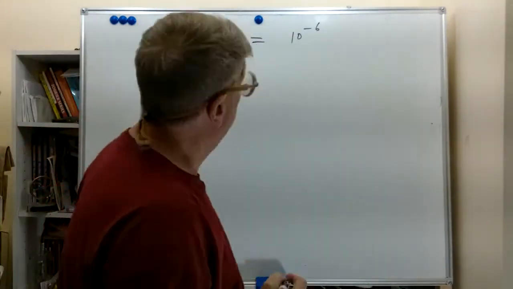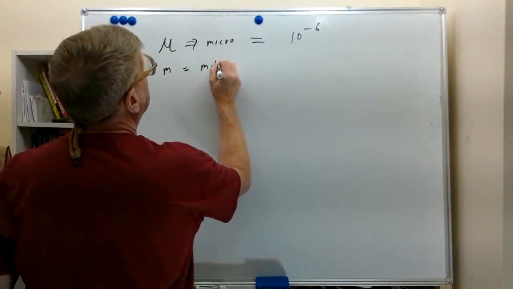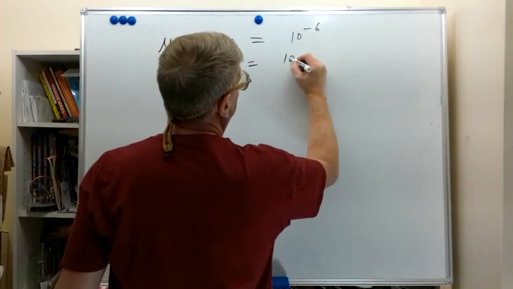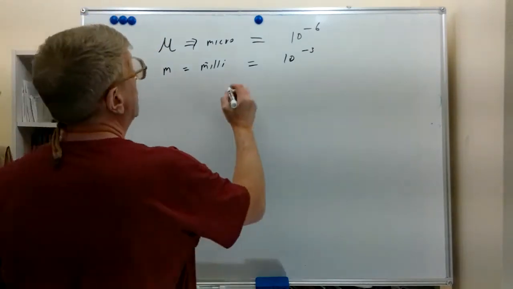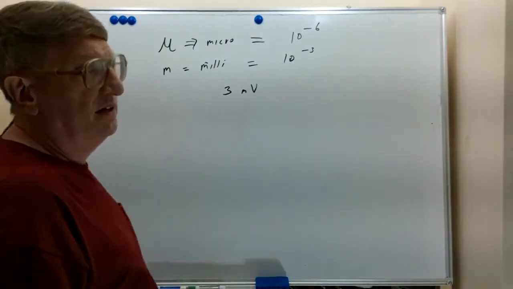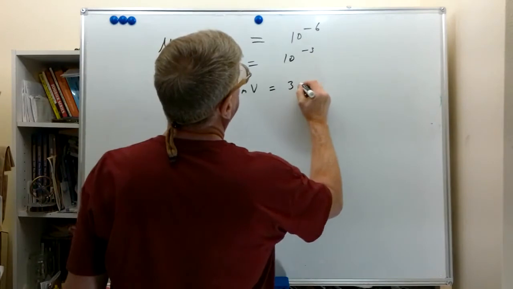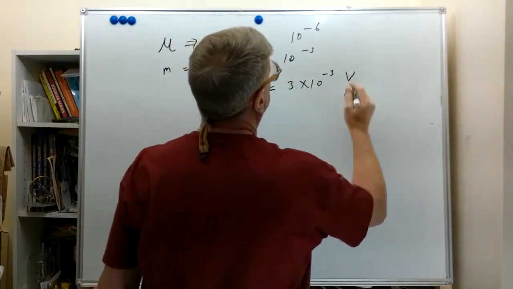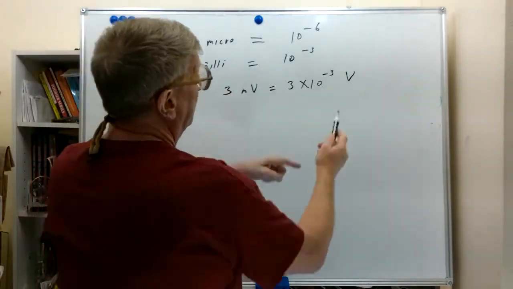Now we're going to put a little m, which equals milli, and that's equal to 10 to the minus third. Say we've got 3 millivolts. That would be equal to 3 times 10 to the minus third volts. This minus third is the conversion from millivolts to volts.